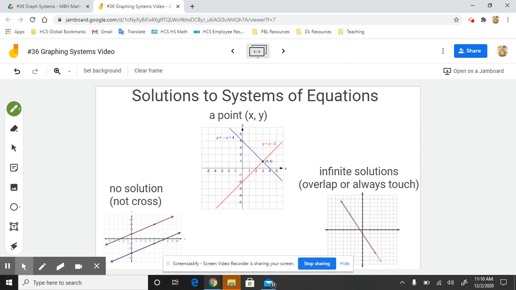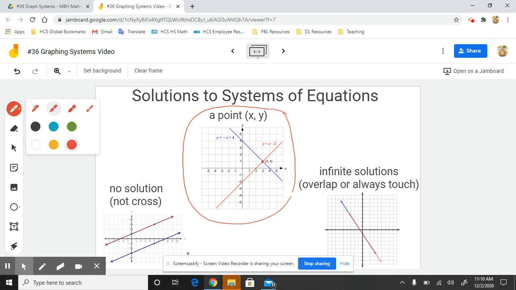So let's summarize how many different types of solutions I can have in a system. The most common and the easiest is literally one specific point where you meet and greet, so right here at (3, 1). The one that you guys really liked was our no solution, because we had two lines that will never touch or never cross.